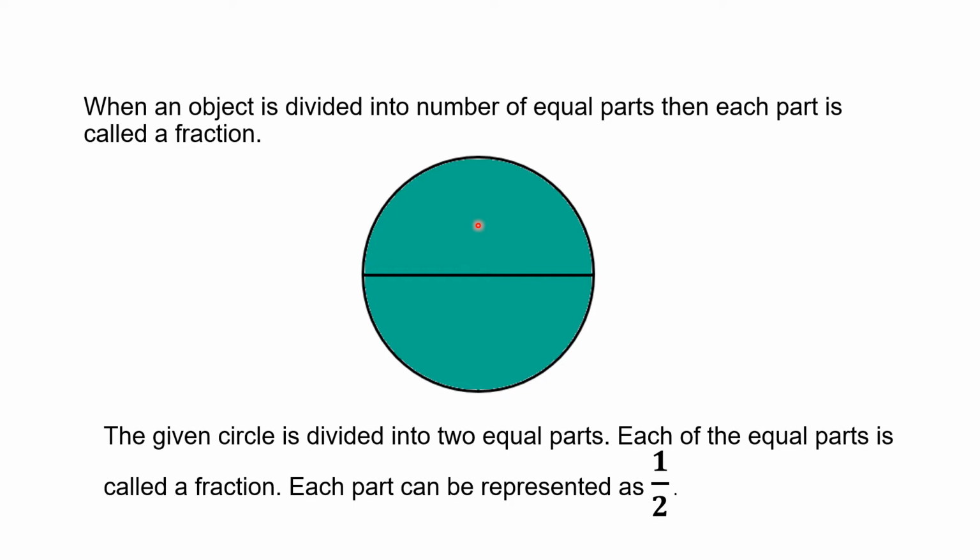So this part can be represented as 1 by 2. Let us take the second part. This is one of two equal parts. So it can be represented as 1 by 2.